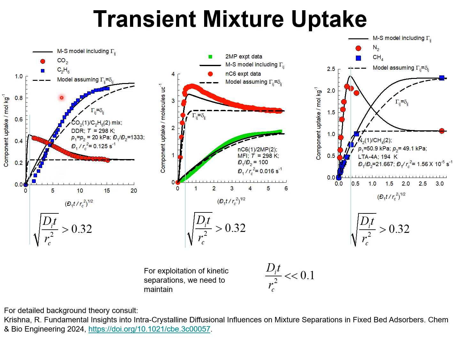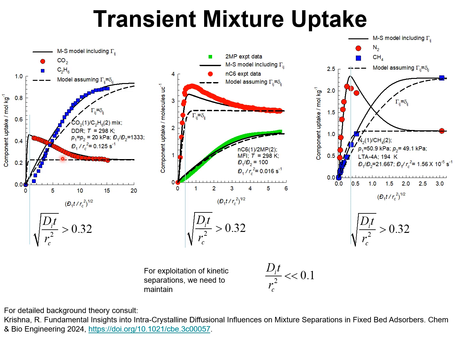First is a mixture of carbon dioxide and ethane in DDR zeolite, a mixture of normal hexane and 2-methylpentane in MFI zeolite, and a mixture of nitrogen and methane in LTA4A zeolite.